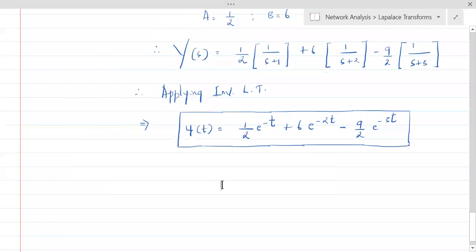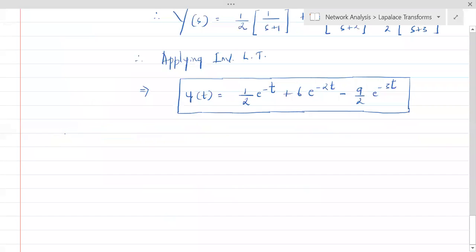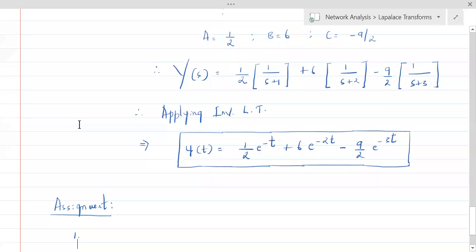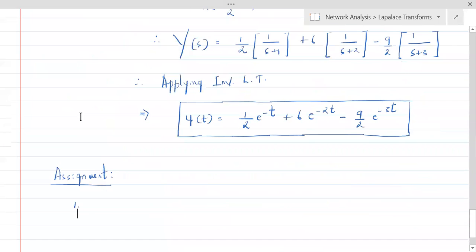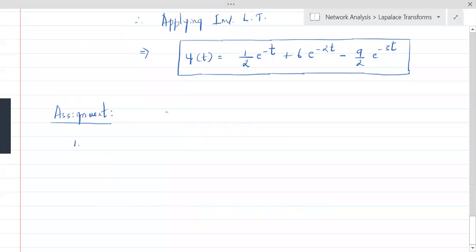Okay. Assignment. Under this only we'll take. Okay, assignment number 1, we shall say. Fine. So everybody just copy this.